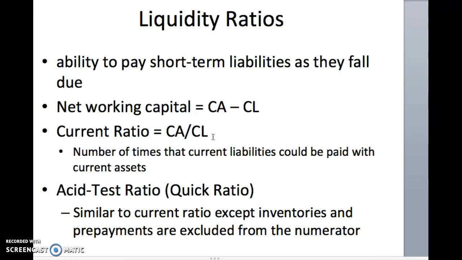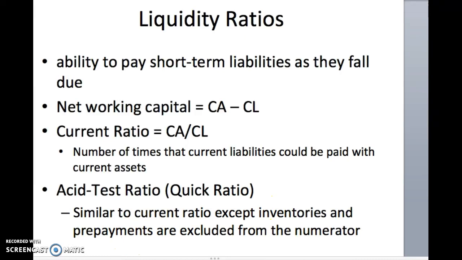Now, a stricter version of the current ratio would be the acid test ratio, also known as the quick ratio. It has a similar formula, except in the numerator part, the current assets will not include the inventories and prepayments. So what would that mean?